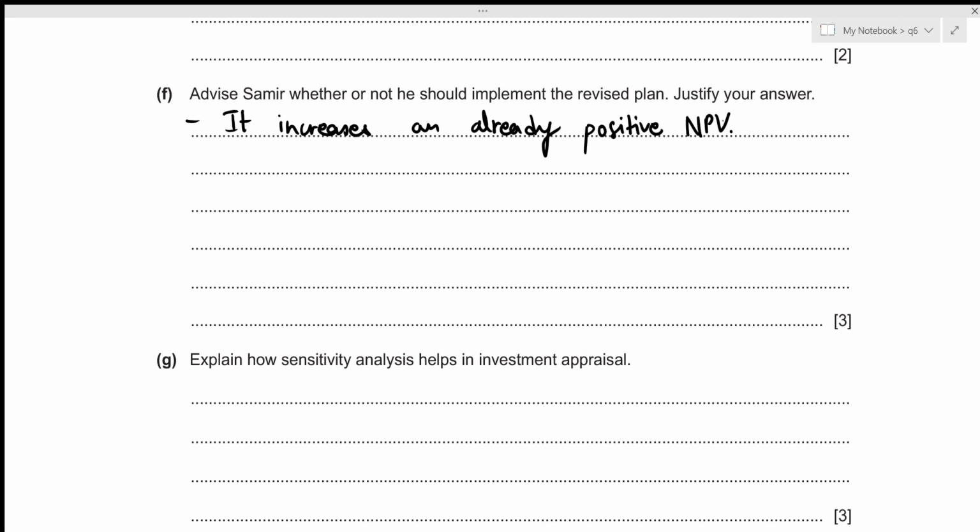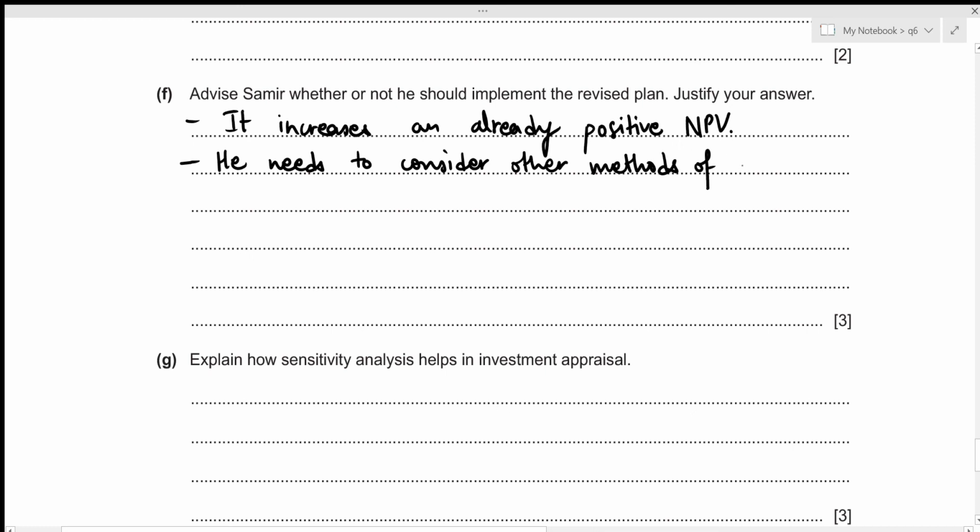but we cannot make a decision based on only the net present value, right? He also needs to consider other methods of appraisal.